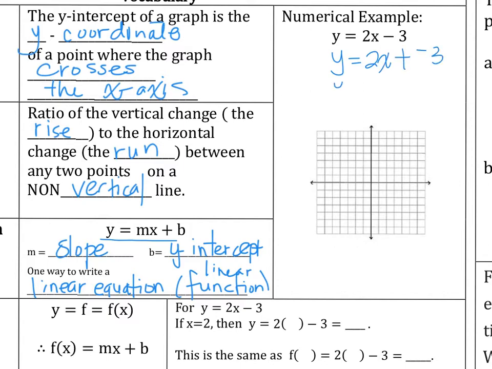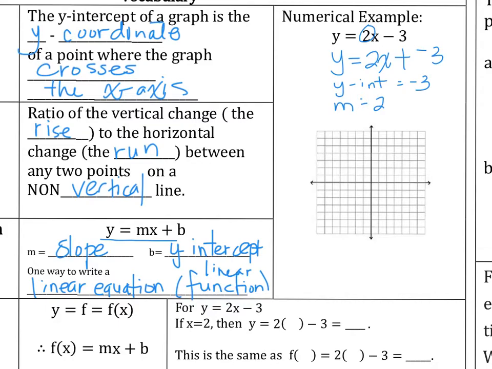So our y-intercept will be negative 3, and our slope will be 2.